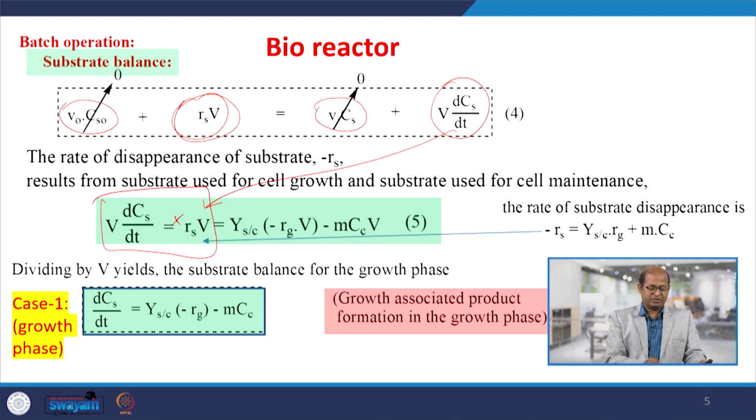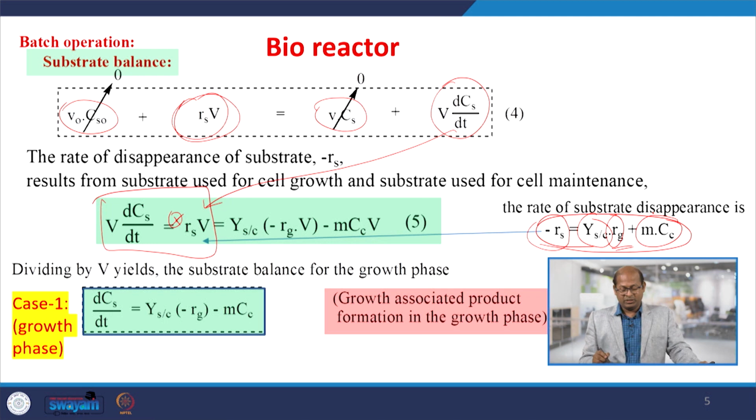Therefore, it is the rate of formation of substrate, but in most cell reactions the substrate disappears, okay. So, for substrate disappearance we can write minus Rs equals the yield coefficient times the rate of formation of cells, plus cell maintenance.